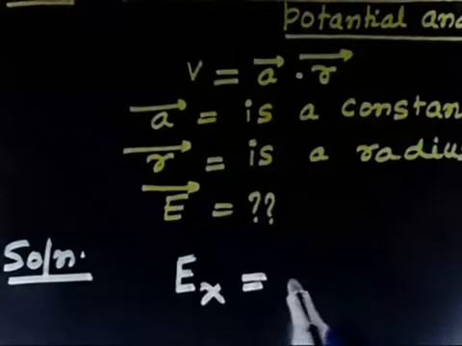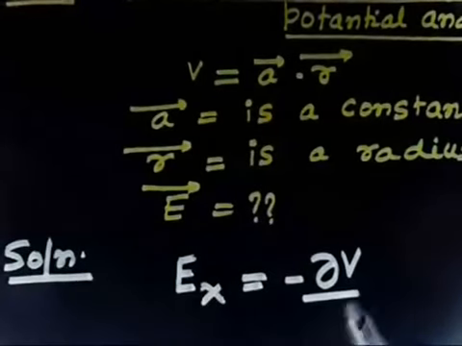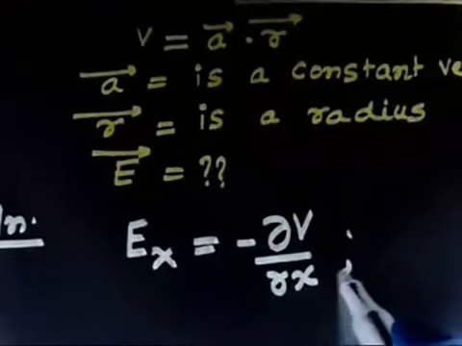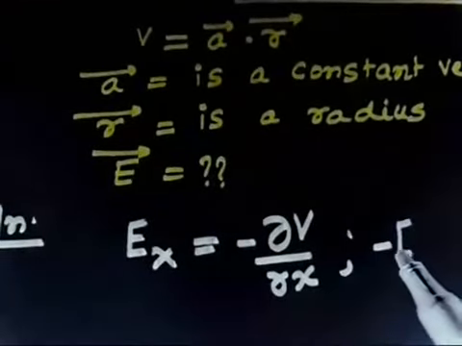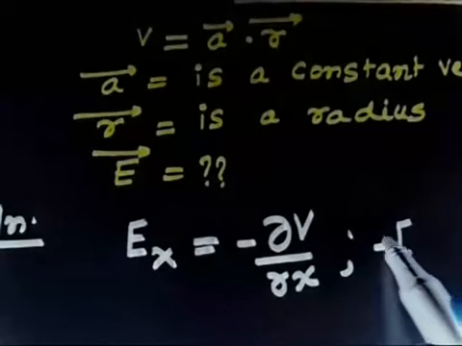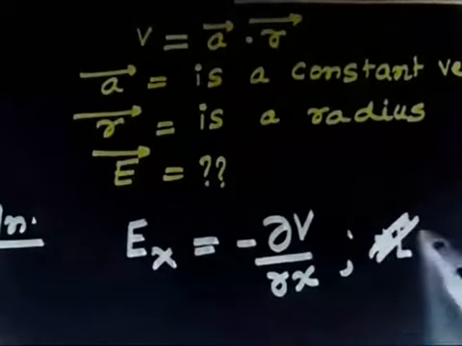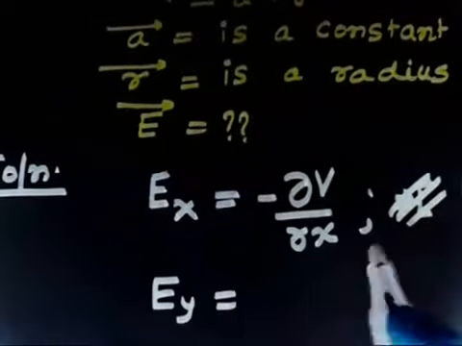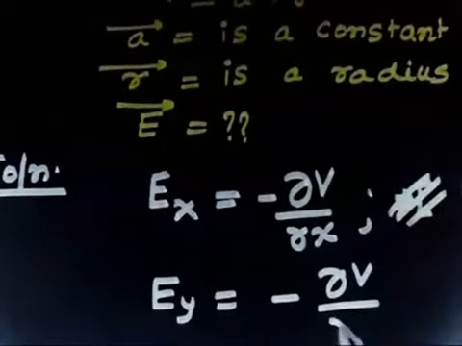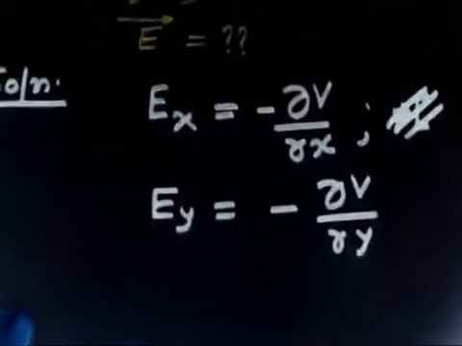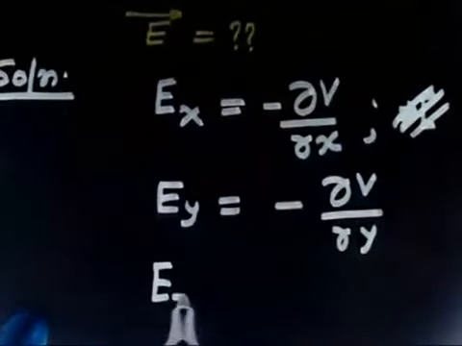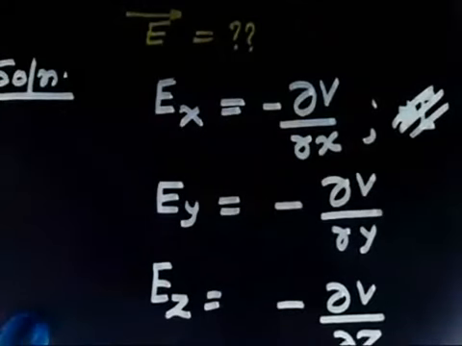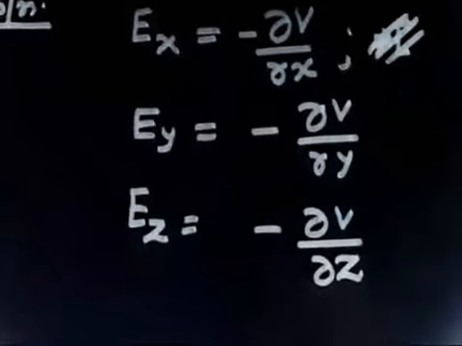Ex is nothing but minus del V over del x, and Ey is nothing but minus del V over del y. Similarly Ez is nothing but minus del V over del z. So if you use this relation, you can find the answer.